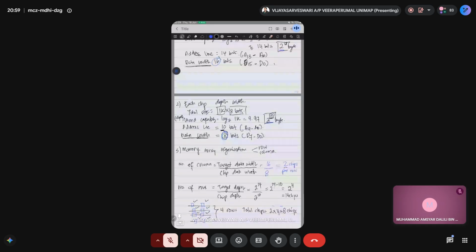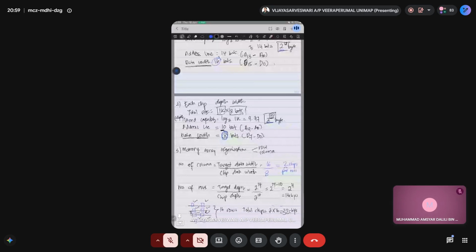So you will have 16 rows. So the total will be 2 times 16, which is 32 chips.